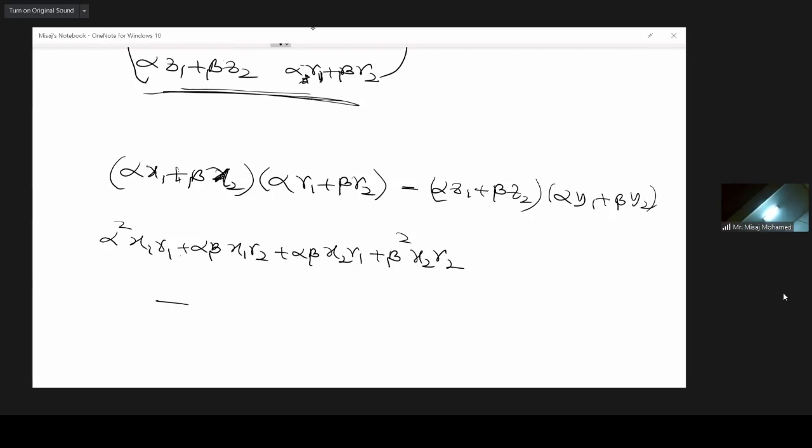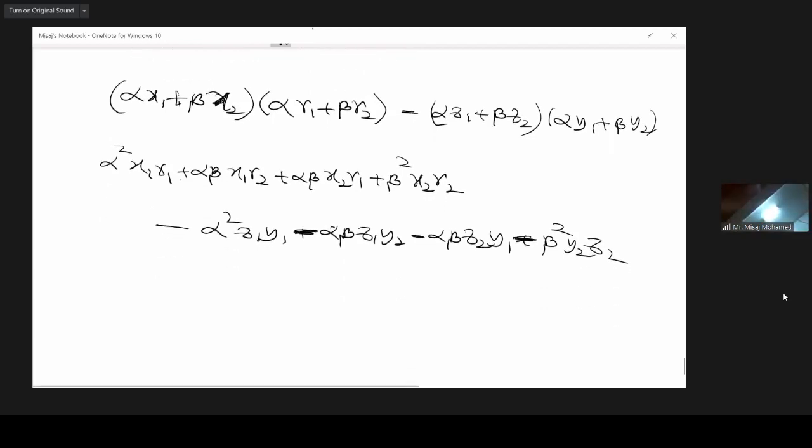Minus alpha squared z1 y1, minus alpha beta z1 y2, minus alpha beta z2 y1, minus beta squared y2 z2.